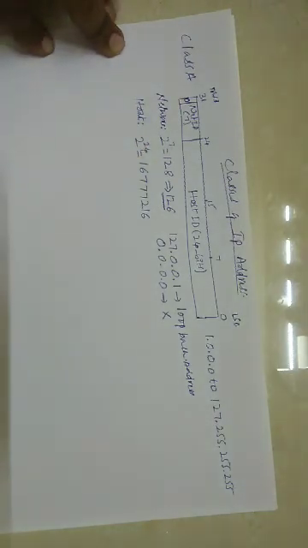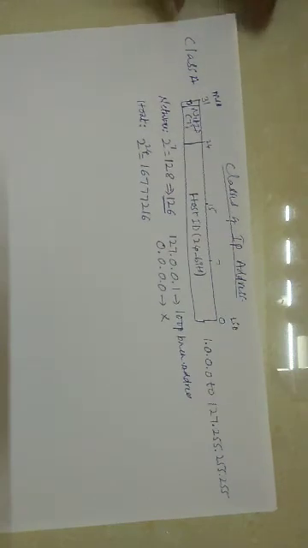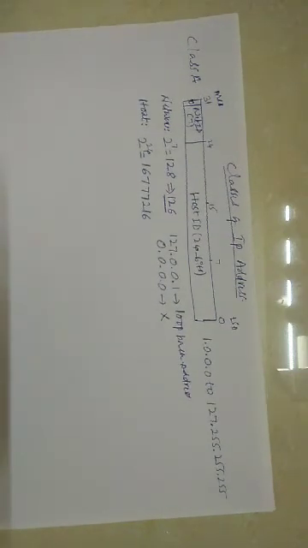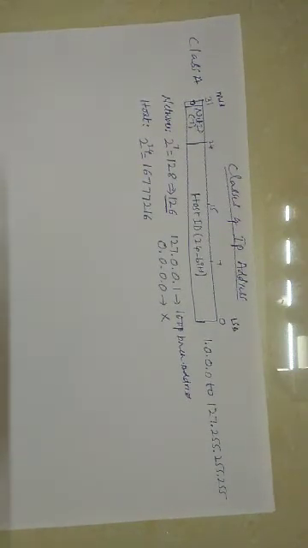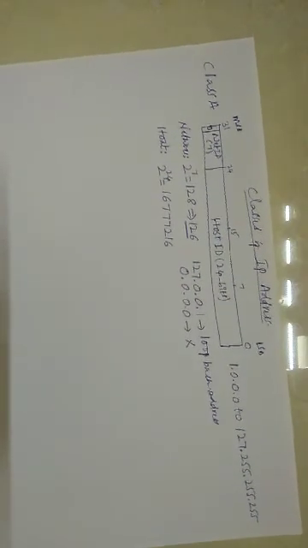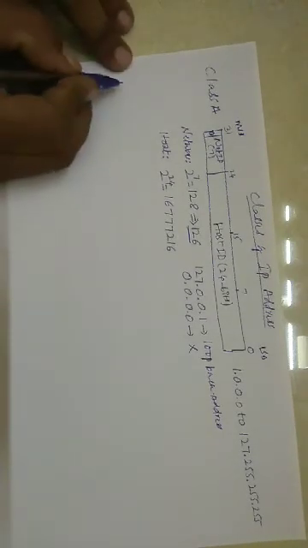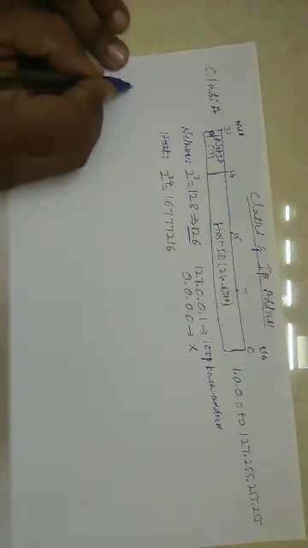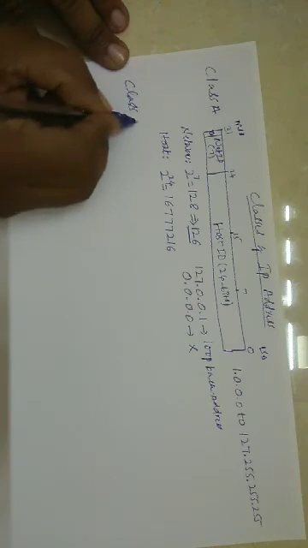In class B, we cannot have this many, 2 raised to 24 hosts, within a single network. So normally we will not opt for class A IP addresses, and we go for class B IP addresses. What is the structure of class B IP address?